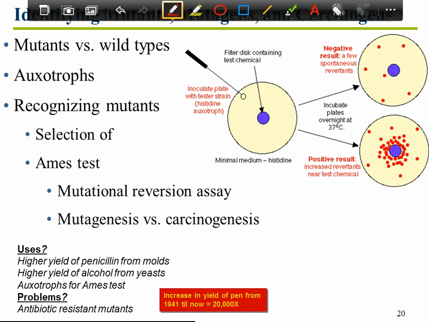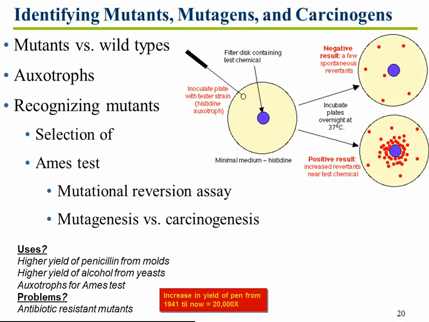Okay, so I'm leading you to the Ames test, which is the test using bacteria for determination of mutagenicity. You see the test in the picture up here. So what we're going to do is streak our Salmonella onto the agar plate.